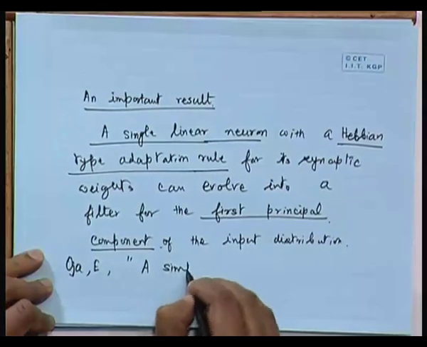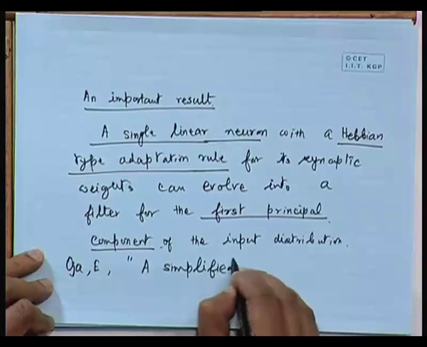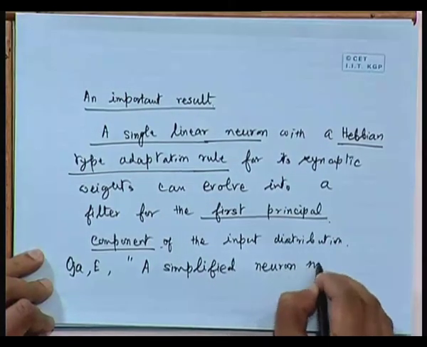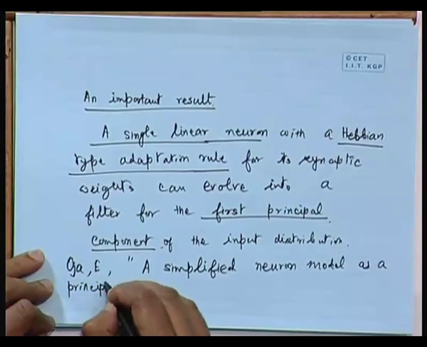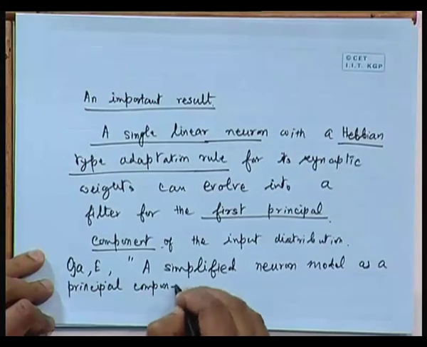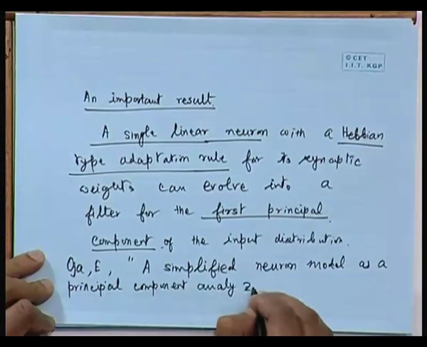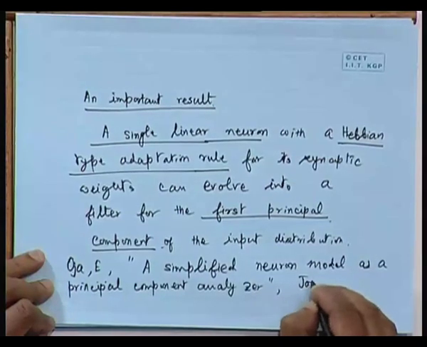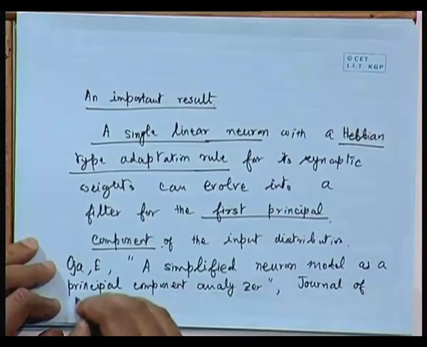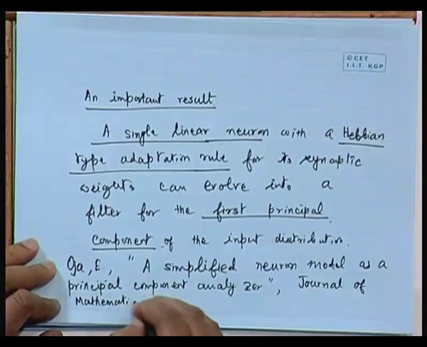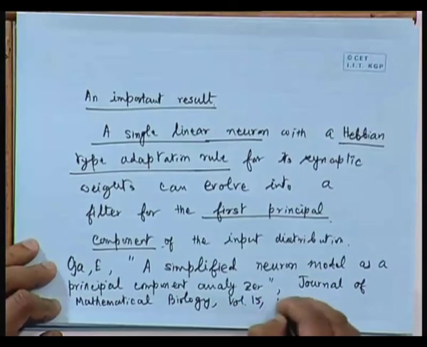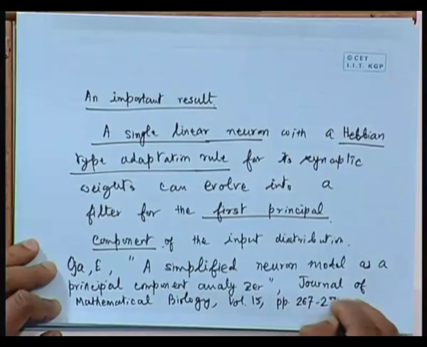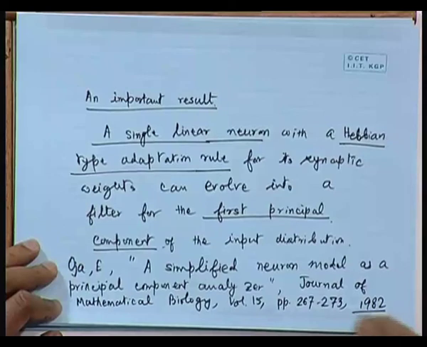That is the name of the scientist who did that, and the paper where he described this is 'A simplified neuron model as a principal component analyzer'. It was published in the Journal of Mathematical Biology, volume 15, pages 267 to 273, a 1982 paper.